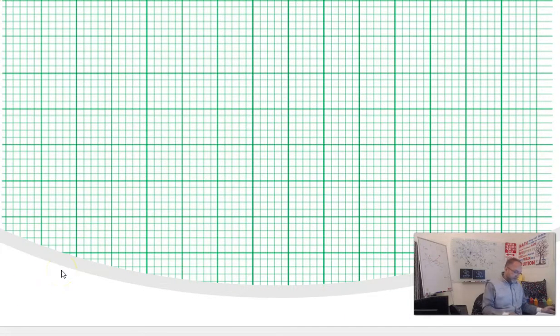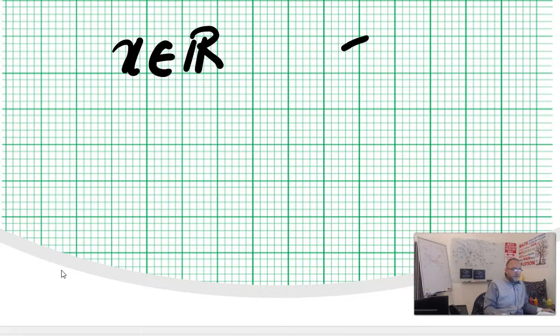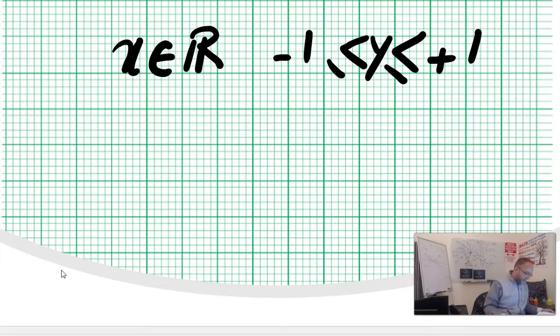Now, for the sine, you need to know that the domain is x is R, or real numbers, and the range is y between minus 1 and plus 1. You should know that by now, okay?